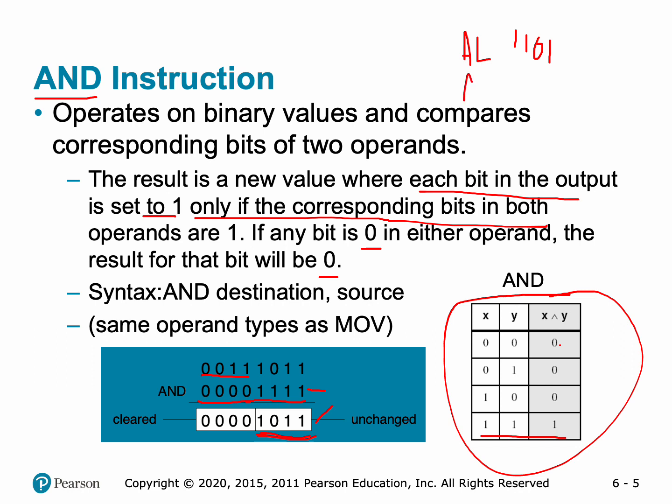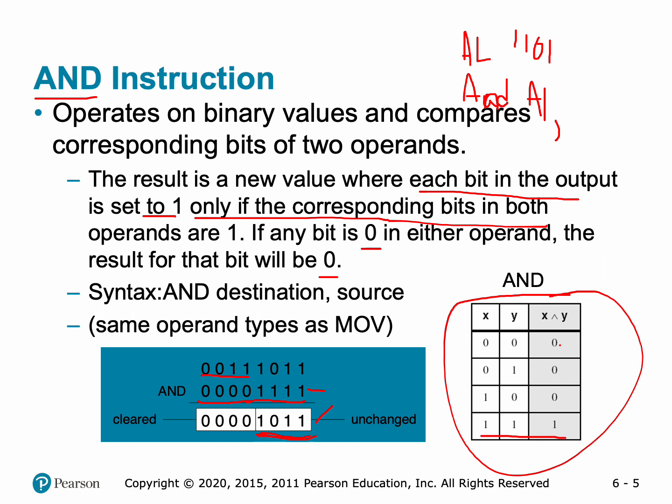And then I do AND AL. So here's AL. So AL is going to be my destination. That's going to be the top number. And what I want to do is I want to clear AL. I want AL to be cleared to all zeros.